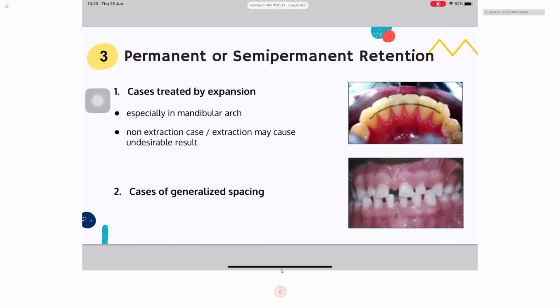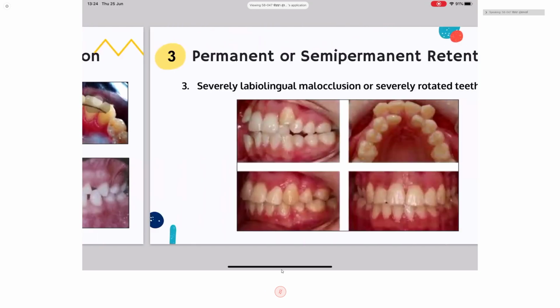The last one, permanent or semi-permanent retention. 1. Cases treated by expansion, especially in the mandibular arch, mostly in patients who don't want to extract teeth. 2. Cases of generalized spacing, patients that have small teeth in a big arch. 3.